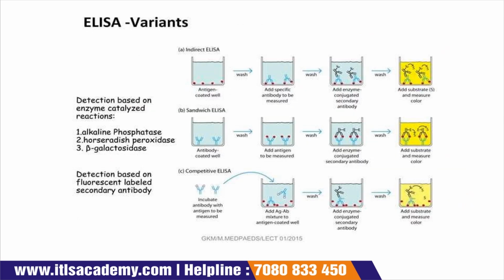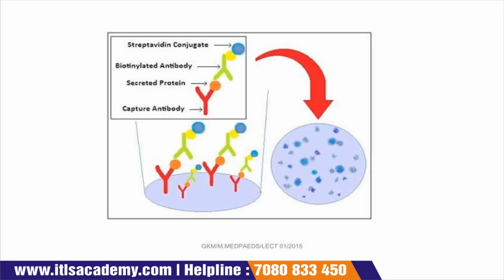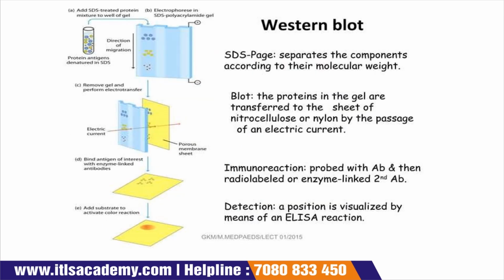See, this is an ELISA variant, the ELISpot. Again, this is your ELISA test. Western blot. In Western blot we use SDS-PAGE. SDS-PAGE, we all know, separates according to molecular weight.